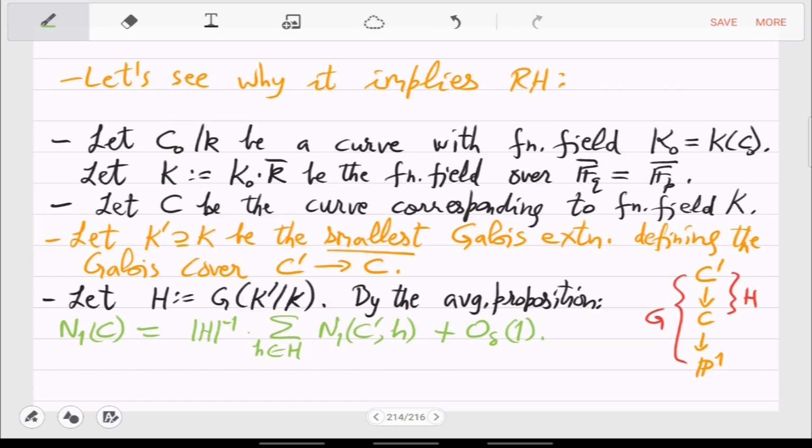Similarly, we can connect C prime with the line P1.